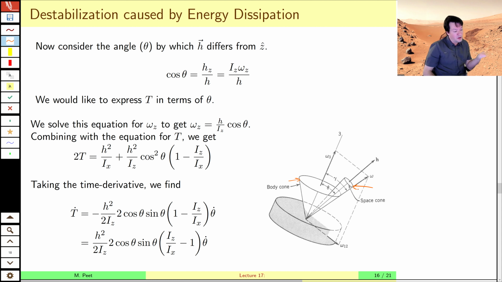And if you remember, we know that the angular momentum vector and the angular velocity vector are in the same plane as the z-hat direction. So we know they're in the same plane. And we're going to look at the angle that this z-hat vector makes with the angular momentum vector, which is, of course, fixed in space.